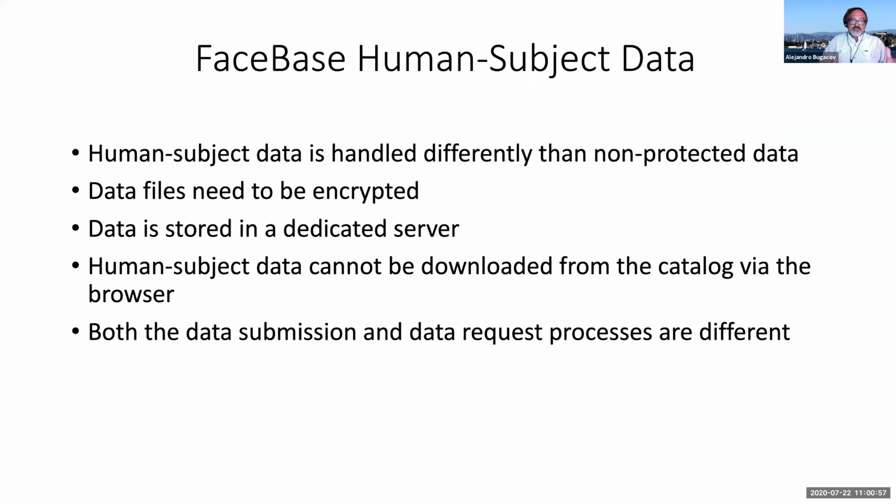So anything that is human subject data, you will not see available on the catalog for download through a click. You will have to go through a request process in order to access that data. So both the data submission process and the data request process are different for human subject data.